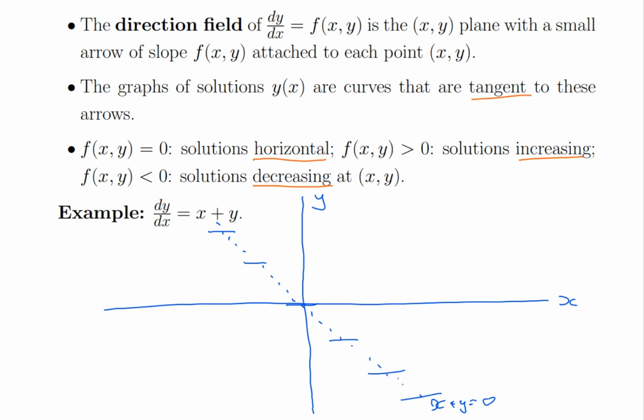Similarly, on the curve x plus y equals 1, the slope must be 1. So I draw a little line of slope 45 degrees. On the line x plus y equals 2, the slope must be 2.